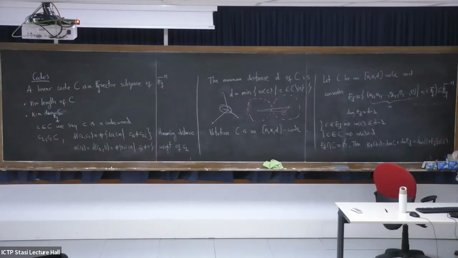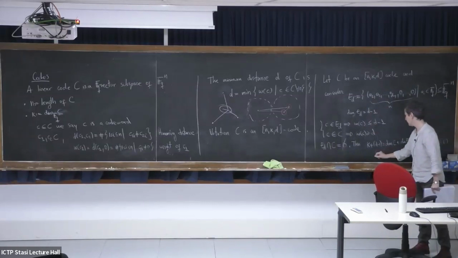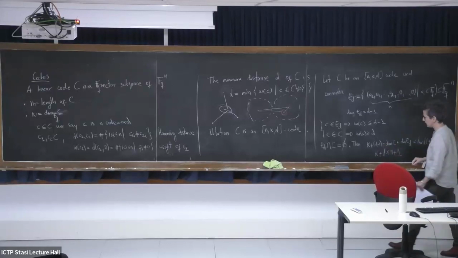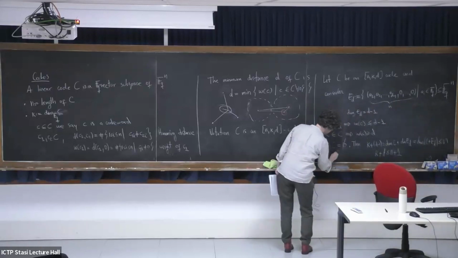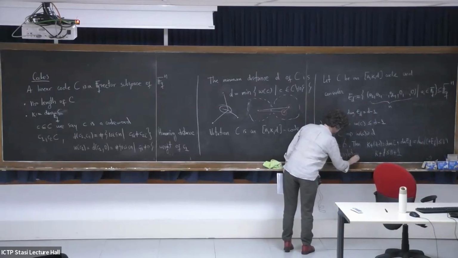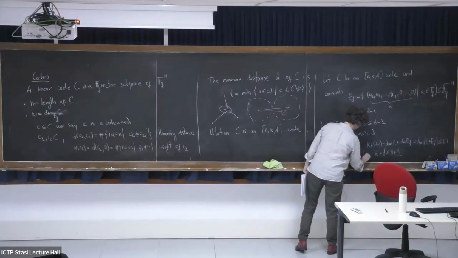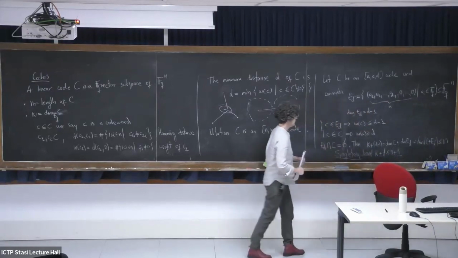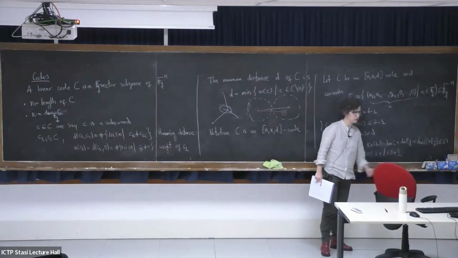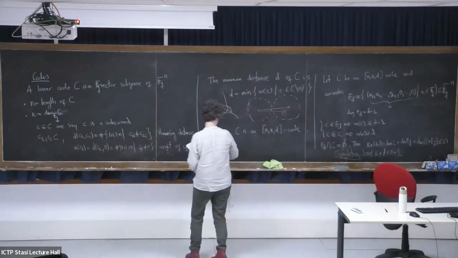So this is smaller than n. If we look at all this together, k plus d has to be smaller than n plus 1. This is known as the Singleton bound for codes. If you add dimension plus minimum distance, this is at most n plus 1.